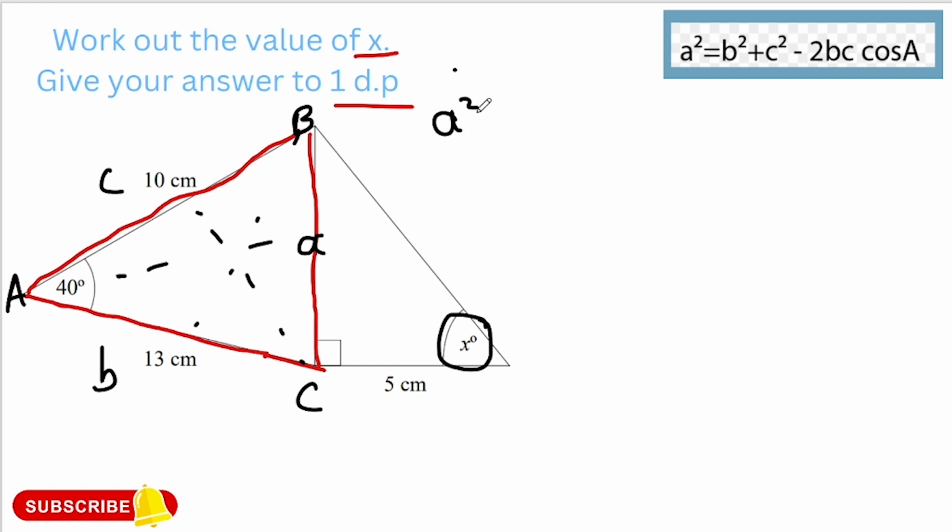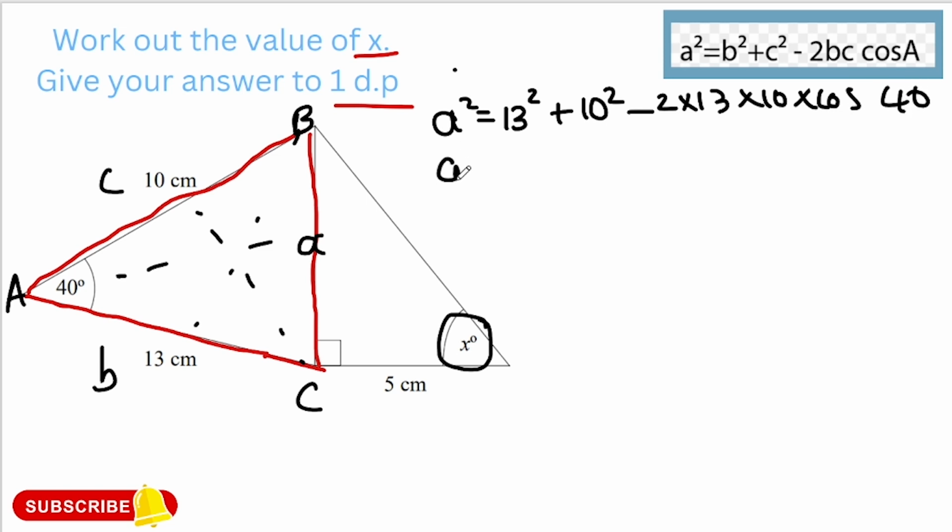So a squared still stays as a squared, b squared is 13 squared, c squared is 10 squared, minus 2 times 13 times 10 times cos 40. If I place that in my calculator, I would get the value of 69.828.